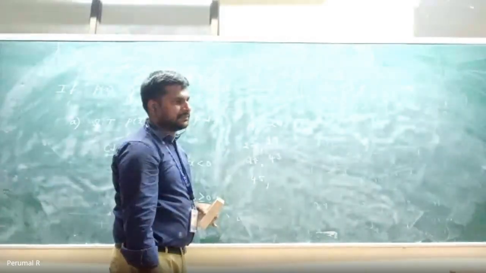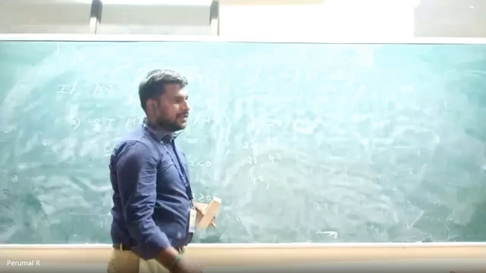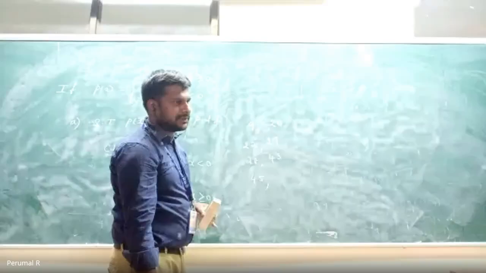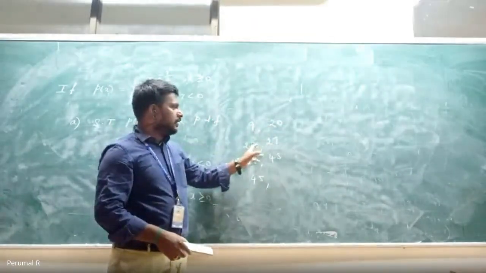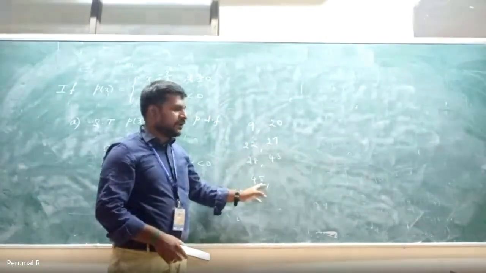Present, sir. 47. Sir, there is no 47. Okay. 48. Present, sir. Up to 49 is your class. Sir, 50, sir. Okay. 49. Present, sir. 50. Present, sir. So these are the absentees, sir: 9, 20, 22, 27, 28, 43, 45.